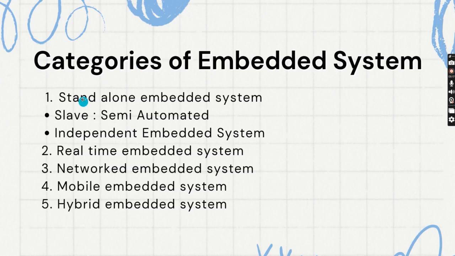Categories of embedded systems. One of them is the standalone embedded system. In that, there are slave and independent embedded systems. Slave means we give the instructions manually. For example, in a washing machine we set the timer, type of mode, and other instructions, then it will perform the action.